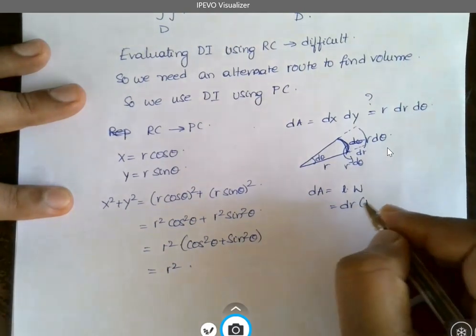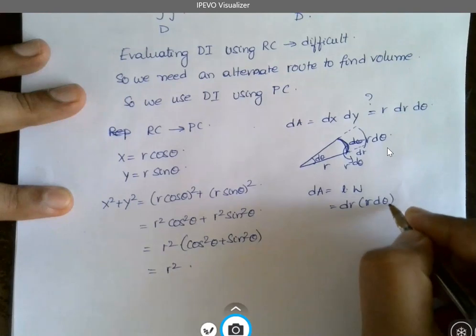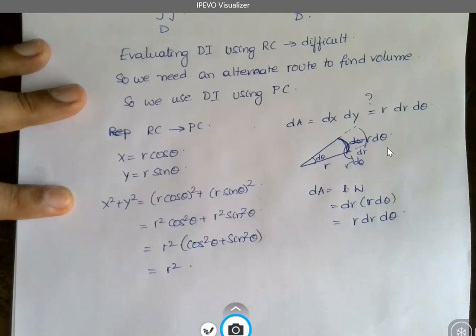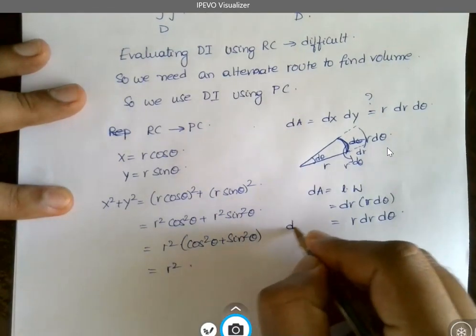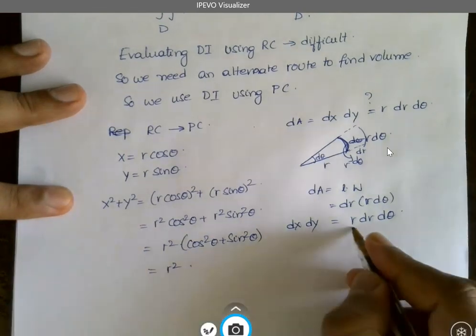The width is dr and the length is r d theta, so dA is r dr d theta. That is one way to understand it. dA is nothing but dx dy, so you want to change dx dy to r dr d theta.